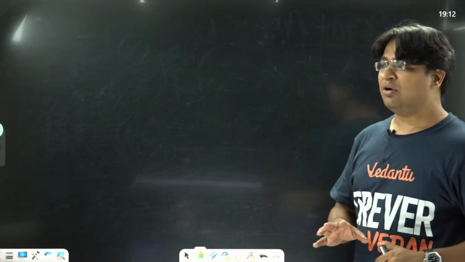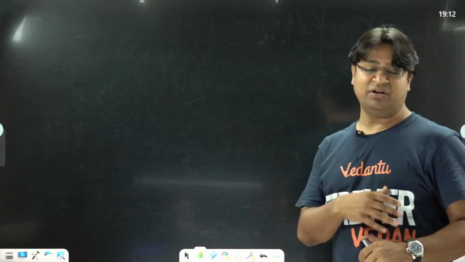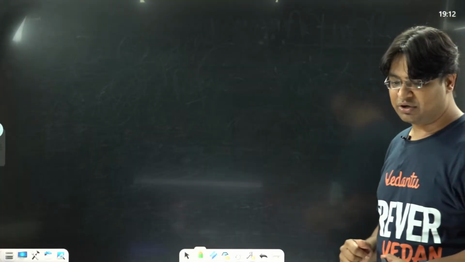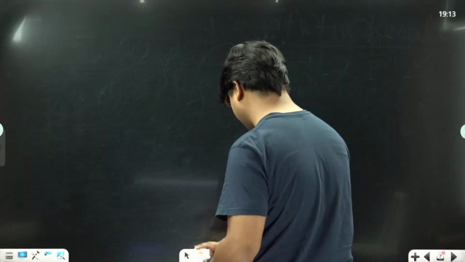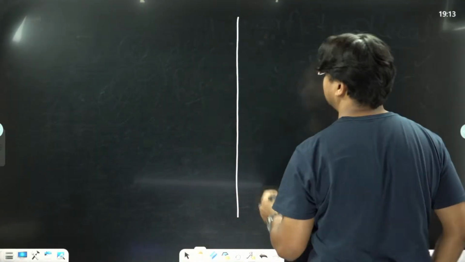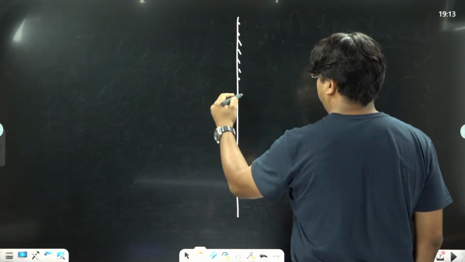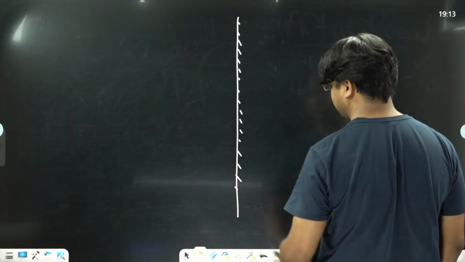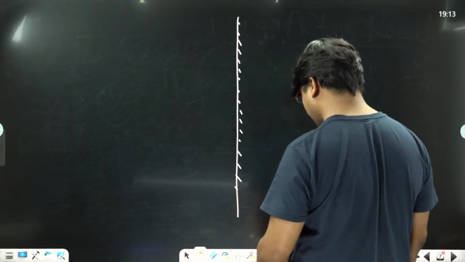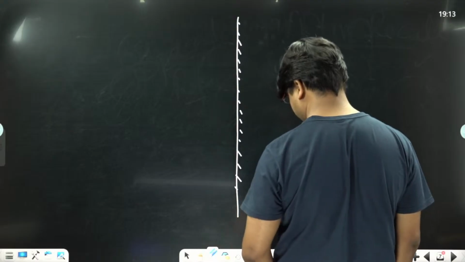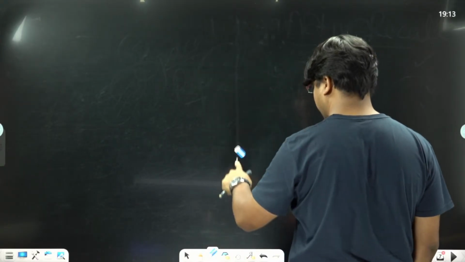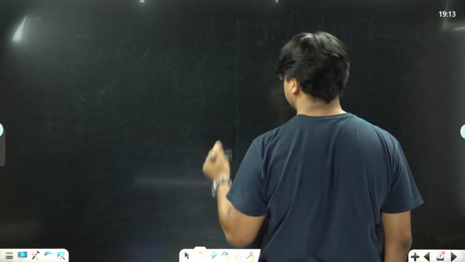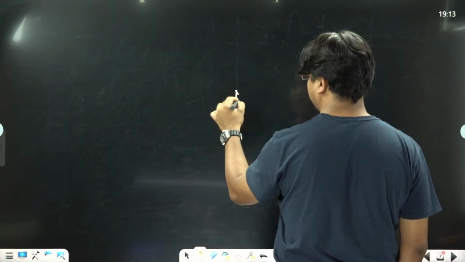Now let me test whether you have understood what I am trying to say or not. And how do I do that? For that, let me draw a smaller mirror. So let's say this is a mirror.